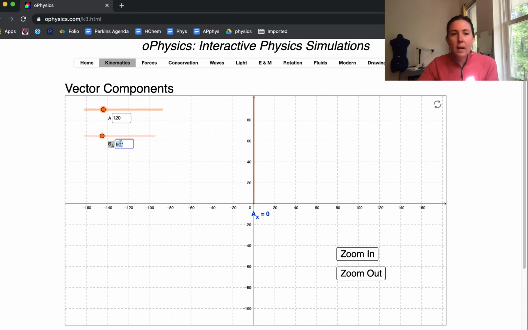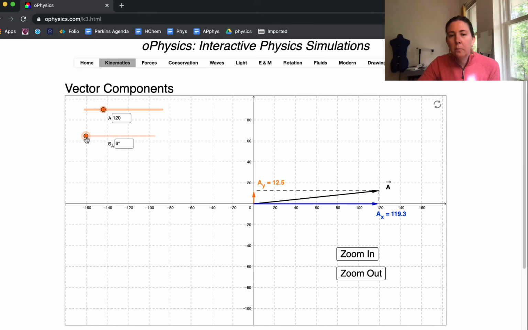And so as I change this angle, you'll see that this vector, or this velocity arrow A, which is 120 units in length, has a y value for the velocity that is decreasing as the x value is increasing.